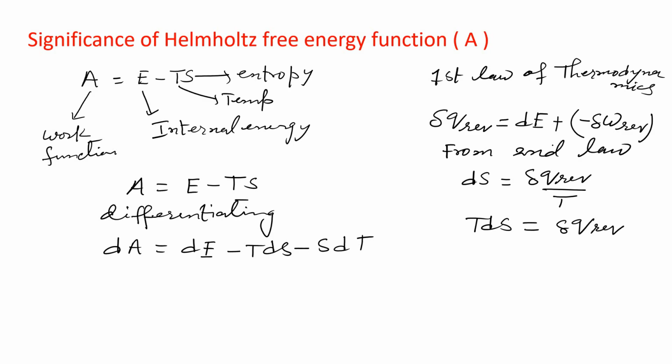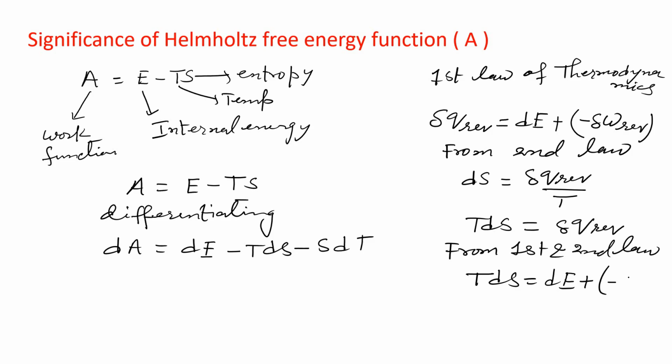So now by combining the first and second law, what can we write? We can write, in place of del Q reversible, TdS is equal to dE and then this reversible work done by the system, gaseous system.